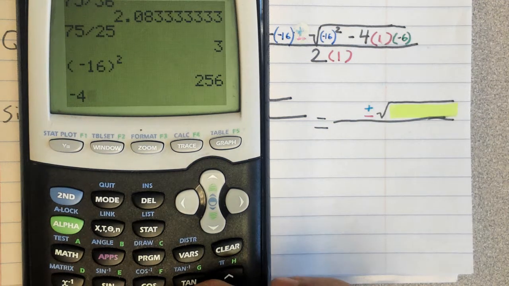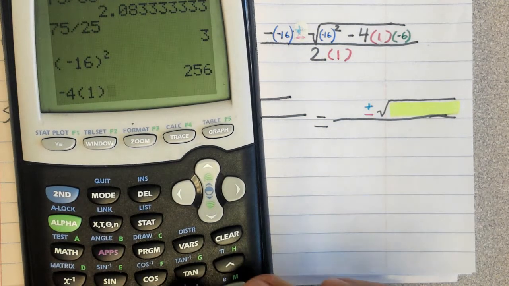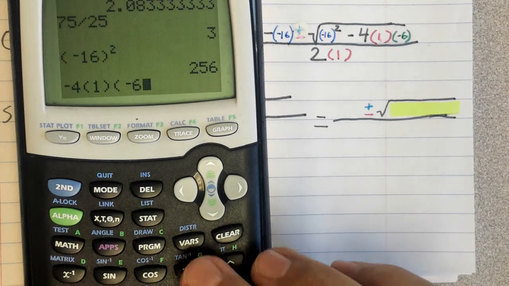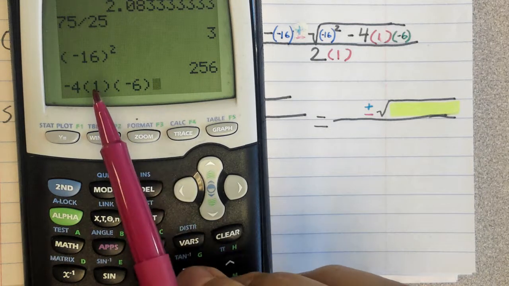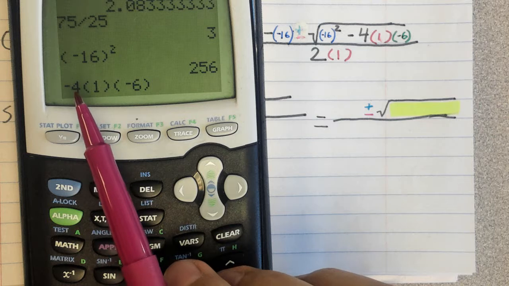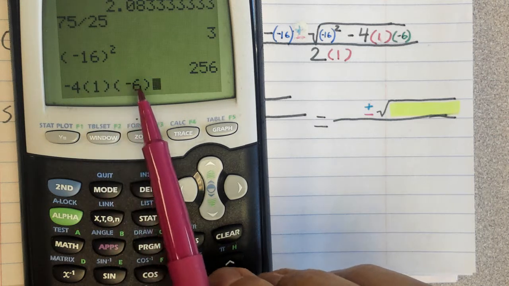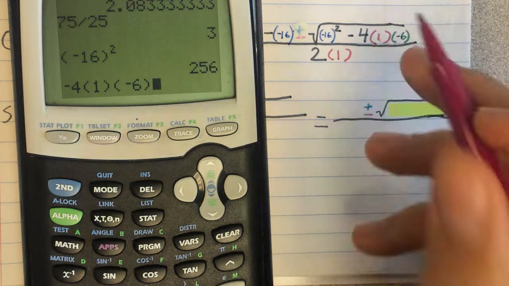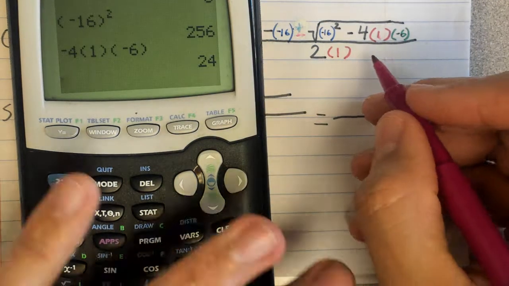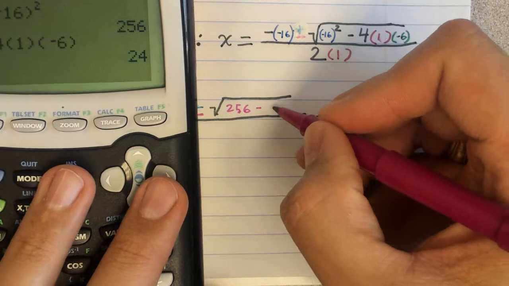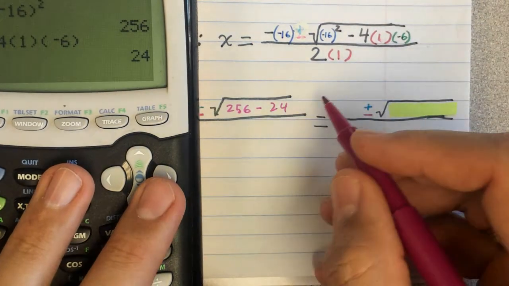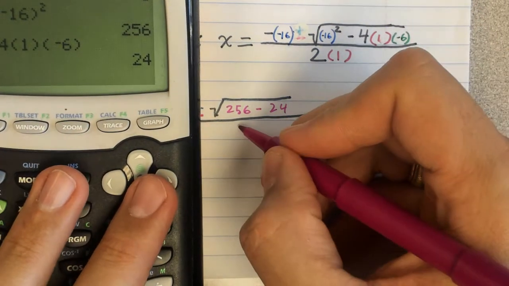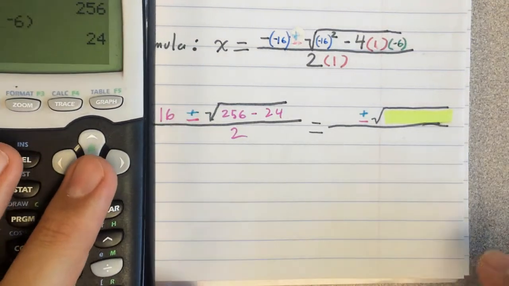And then I'm going to multiply it by a 1, and then multiply it by a negative 6. As you see, this is exactly what's in there. Negative 4, parentheses 1, parentheses negative 6. It's exactly like this. Press enter. That piece in there is 24. And then the bottom, 2 times 1, is simply 2.